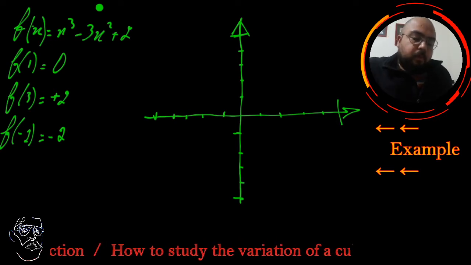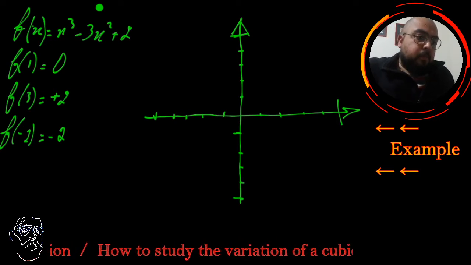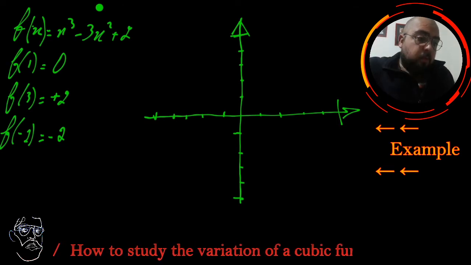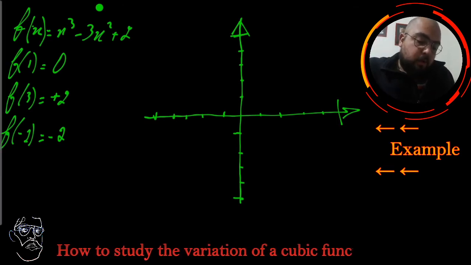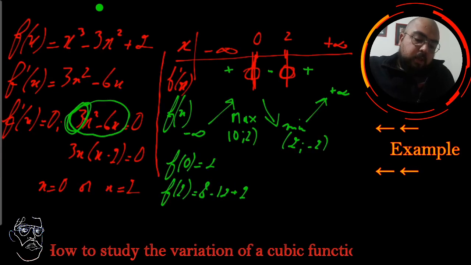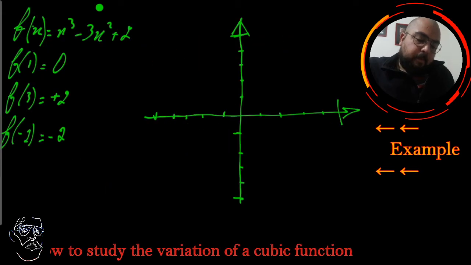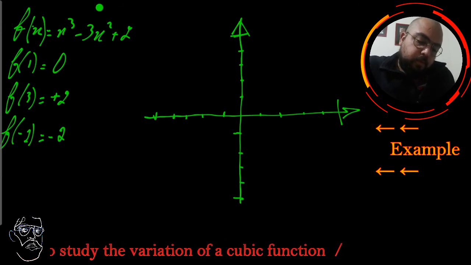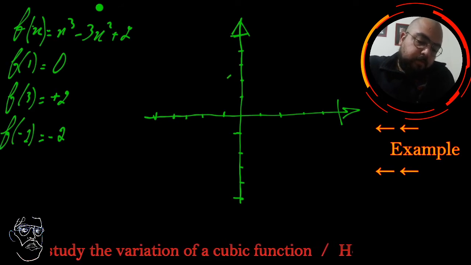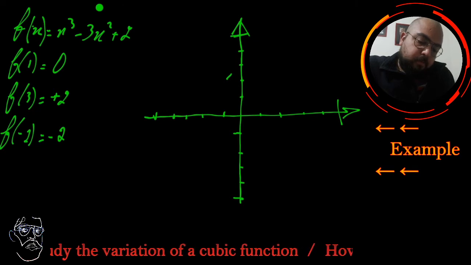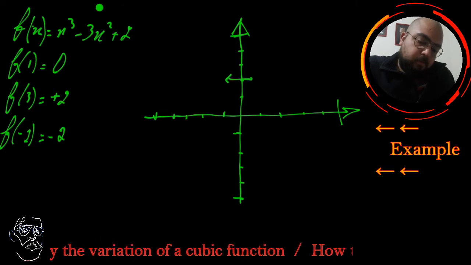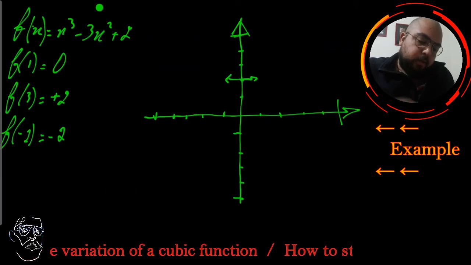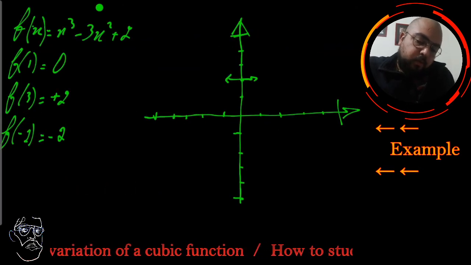Alright, so the maximum I will have for 0, 2. Sorry, this is the maximum. The minimum will be 2 minus 2.